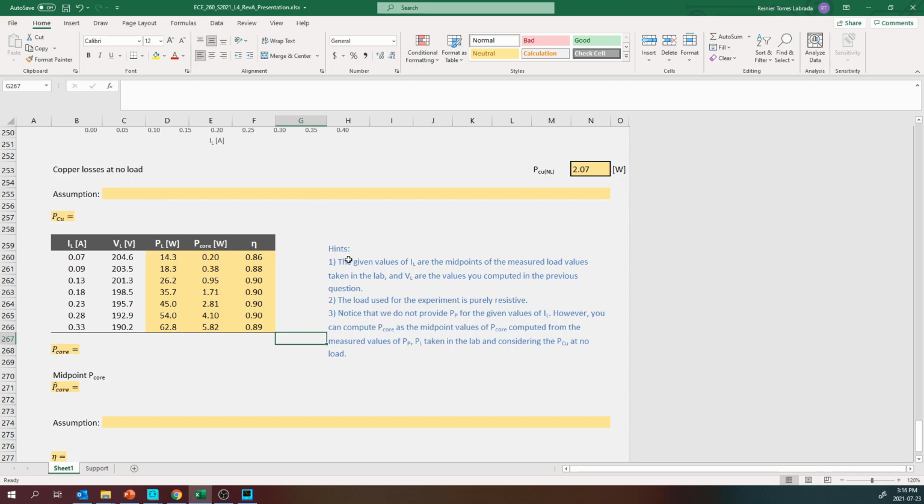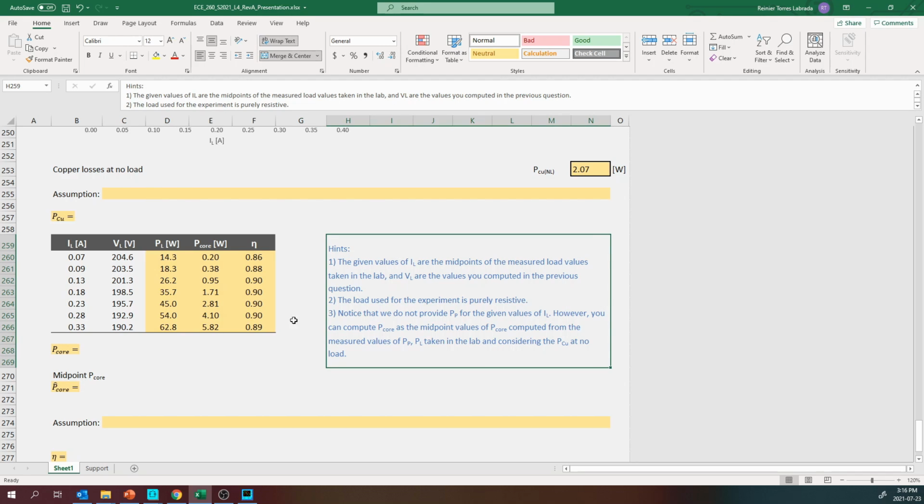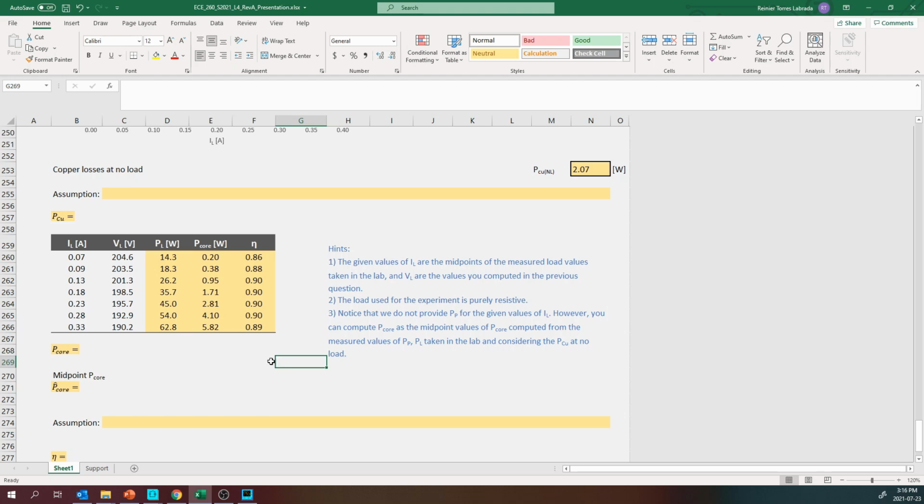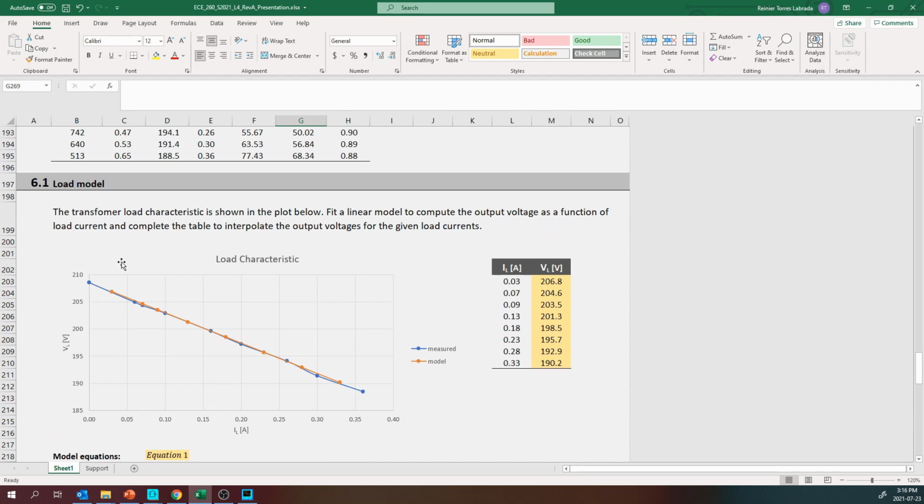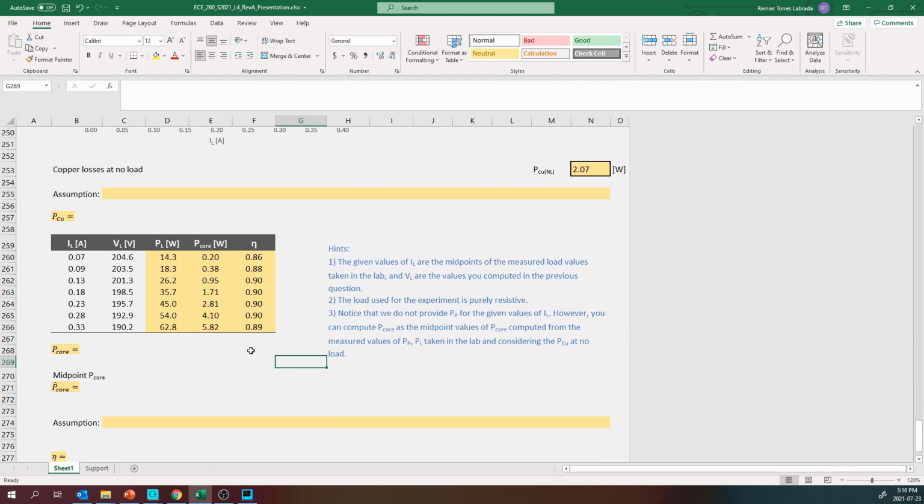But under the right assumptions, we can indeed find P-core and estimate that value as a midpoint in between two different points of this curve on this table, and that will allow you to compute the power losses, the P-core, incorporate this value in the equation, and get the efficiency.